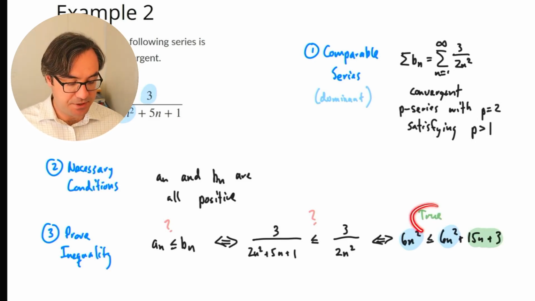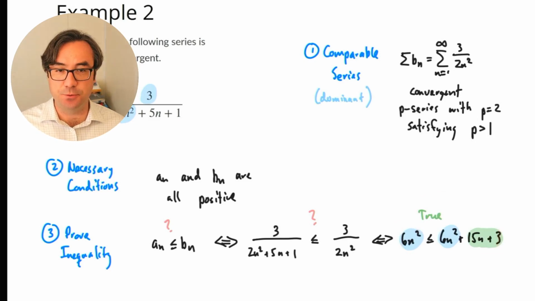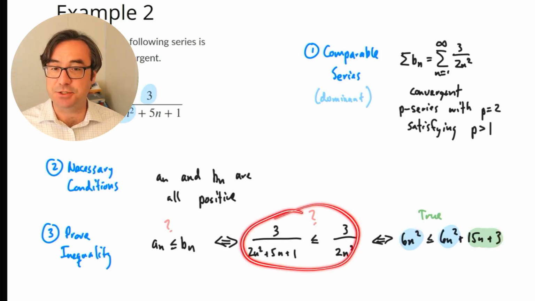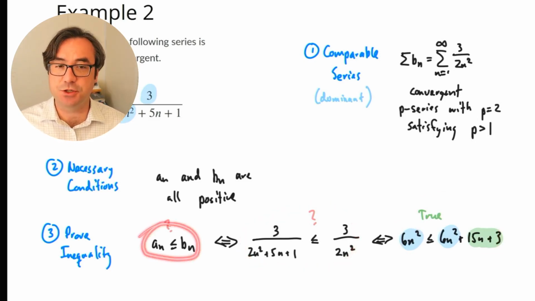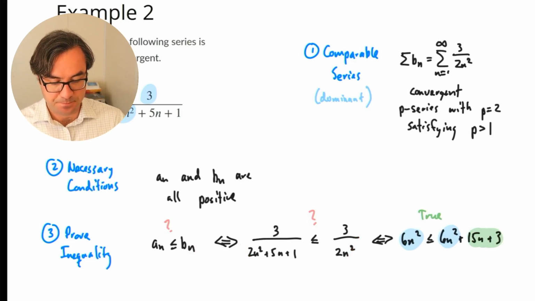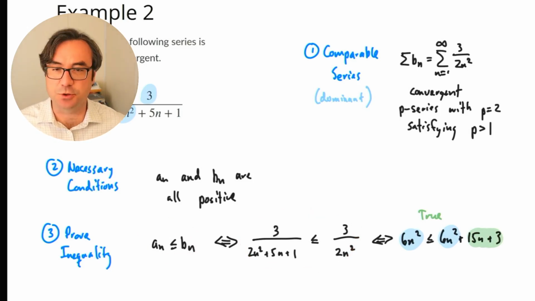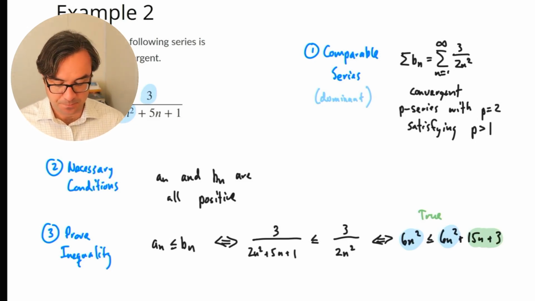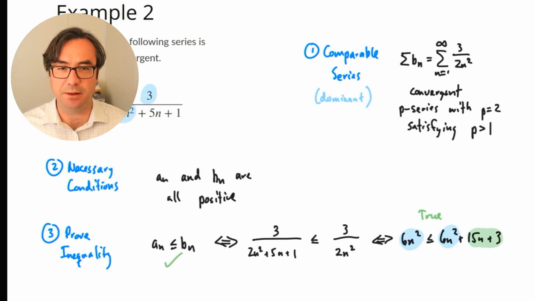And because this last statement is true, that means this statement is true, which means the original inequality is true. So we can eliminate those question marks. So we've proved that inequality.